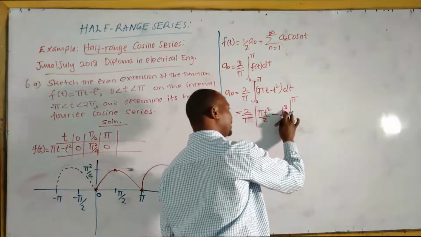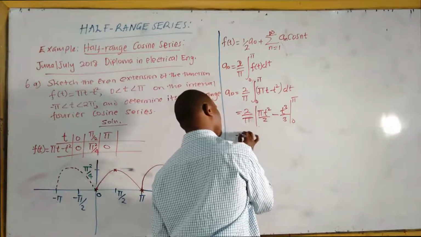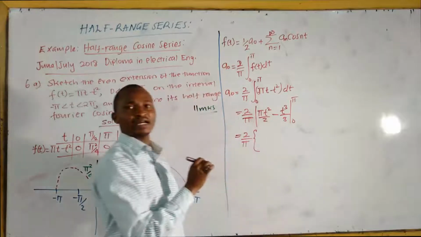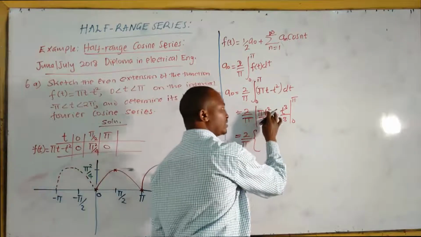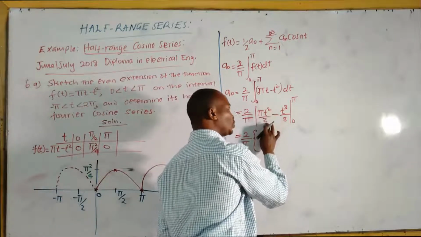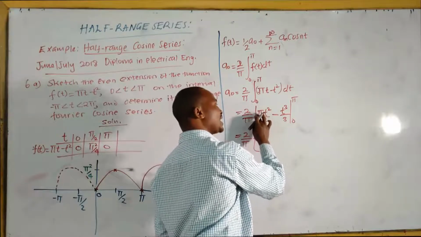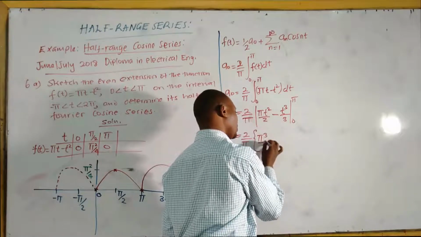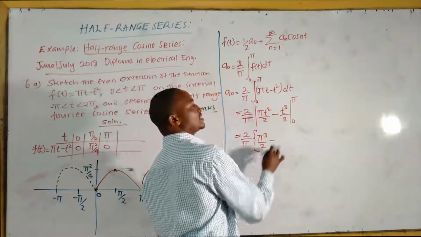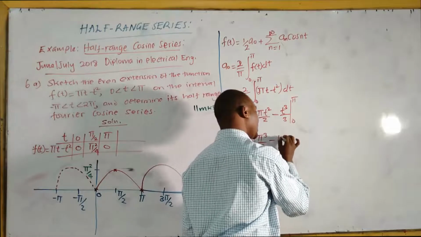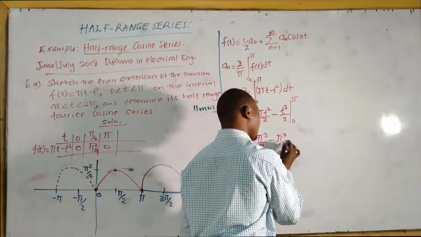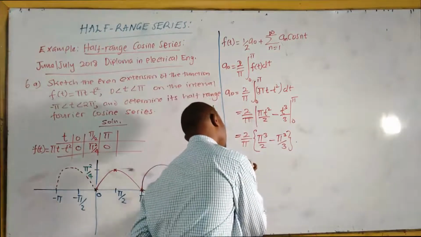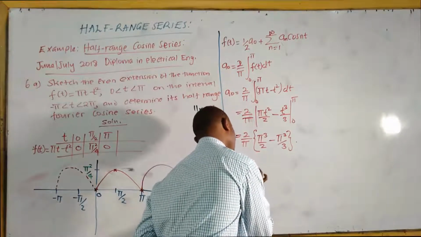So this is 2 over pi, and now use the curly brace. Here you put pi to be pi squared over 2, and pi squared over 2 times pi is pi cubed over 2. Minus, here put pi, it is pi cubed over 3. Close that. Now it is 2 over pi.